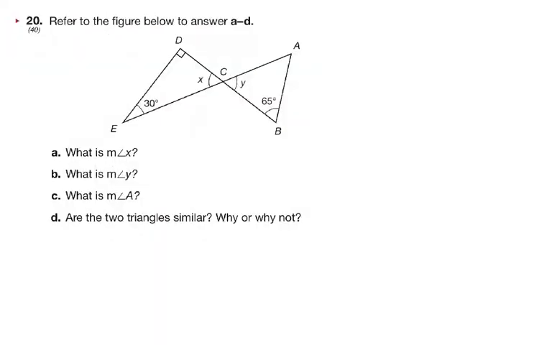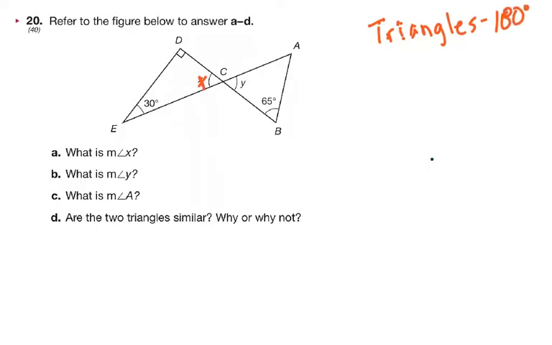Number 20, refer to the figure below to answer A through D. So A says, what is the measure of x? Well, x is right here in the middle. And we have to think, well, what do we know about a triangle? We know the interior angles of triangles add up to 180 degrees.